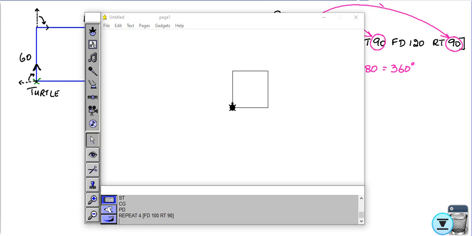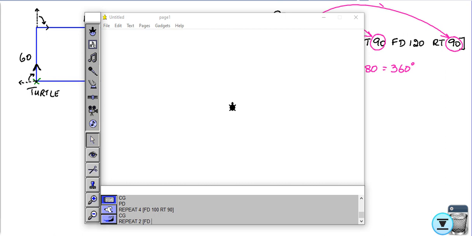Let's see if the turtle does that. Okay, so I'm going to write the commands there. So it's clear graphics. I'm going to clear the graphics. So repeat 2. I didn't write down PD because I have already written it down in the previous example.